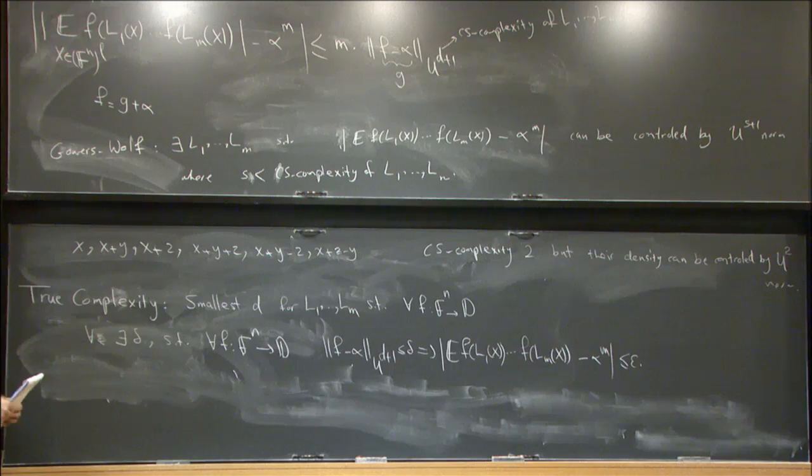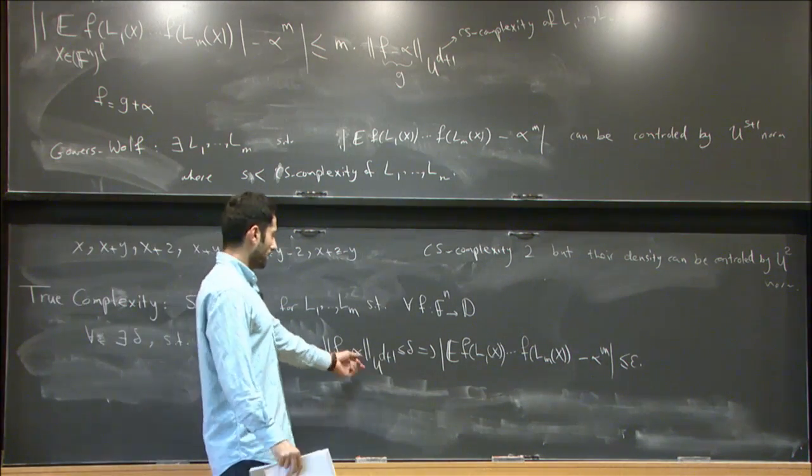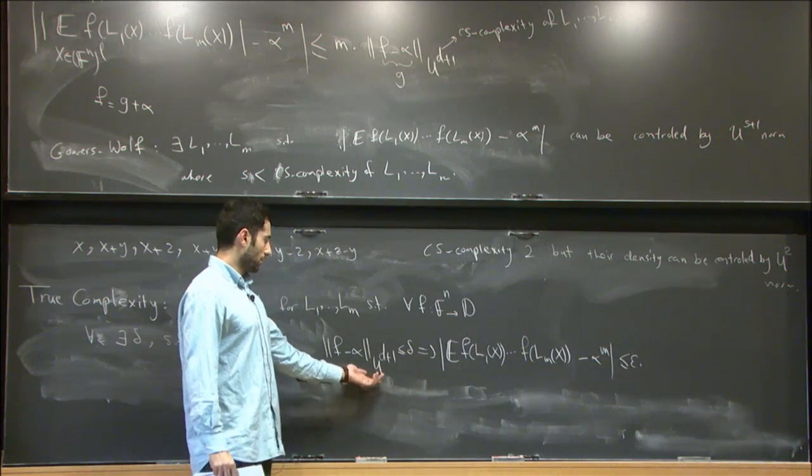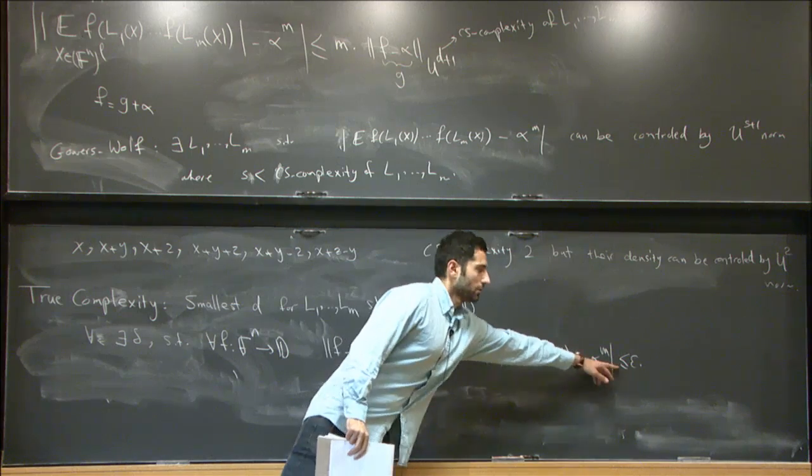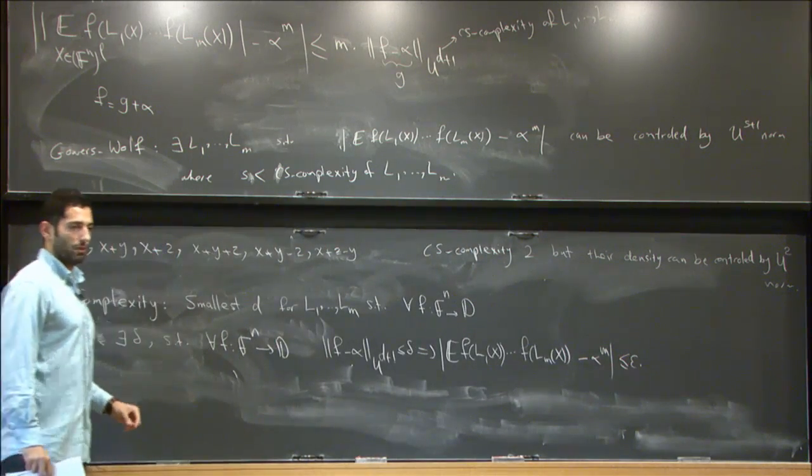So you won't have an exact bound by the U^d norm, but requiring it to be small enough would imply that you have an approximation.